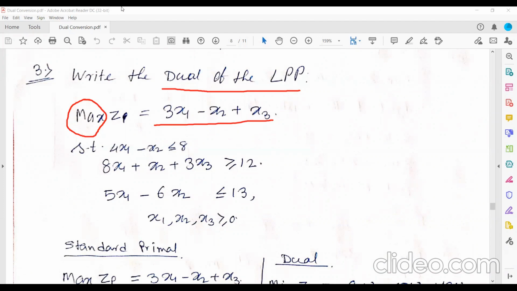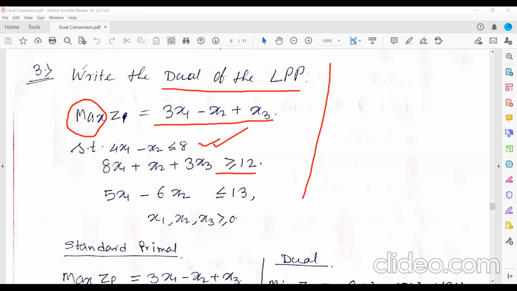So let us see whether all the constraints are less than or equal to or not. The first constraint is 4x1 minus x2 less than or equal to, okay, it is there. Then 8x1 plus x2 plus 3x3 is greater than or equal to. That means this LPP is not in a standard primal, so you need to convert it into a standard primal.